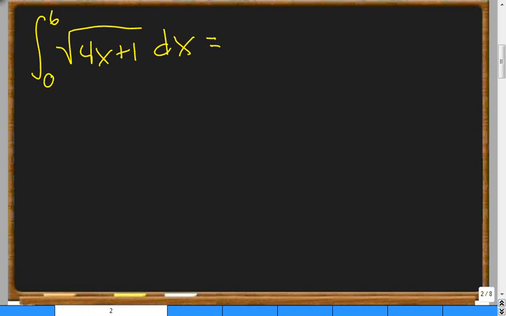Okay, so let's make it a little bit more complex. The integral from 0 to 6 of the square root of 4x plus 1. So we need to integrate 4x plus 1, but before we do that, we need to make sure that we have it in the right form, which is 4x plus 1 to the 1/2 dx.